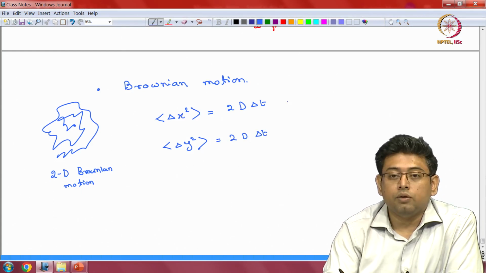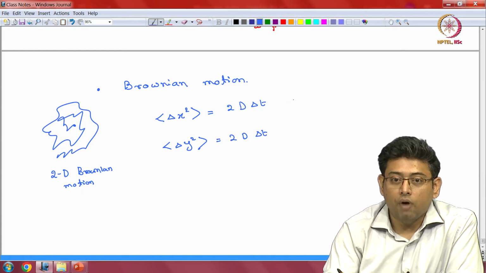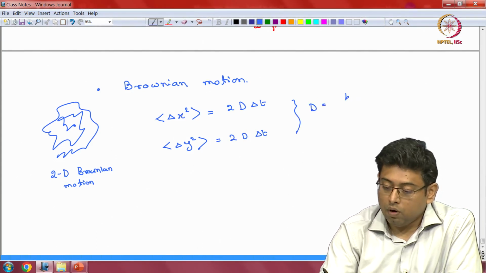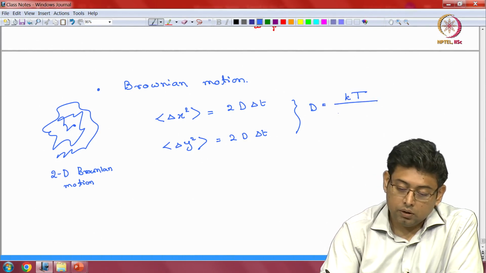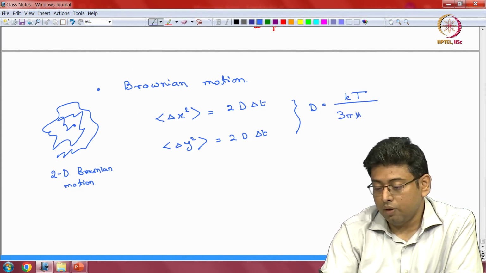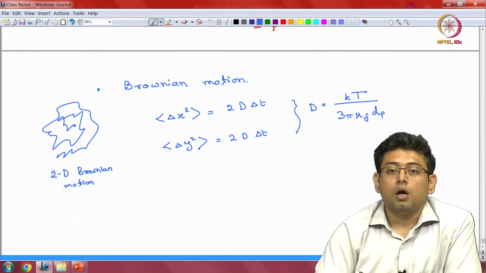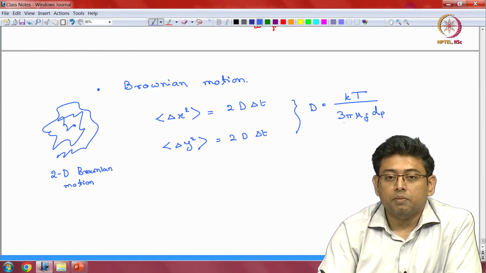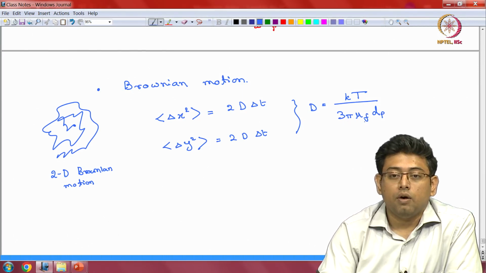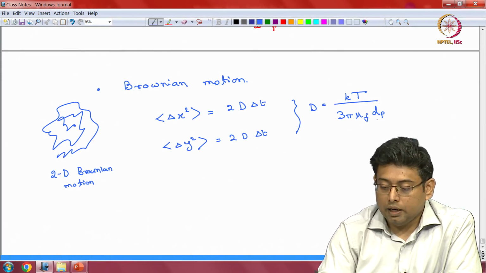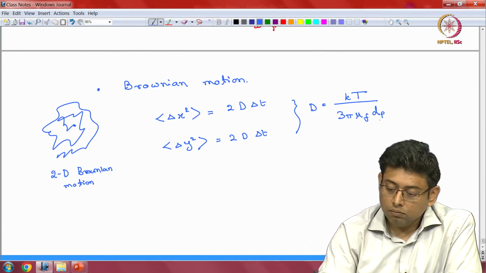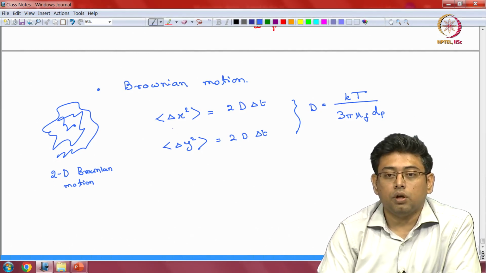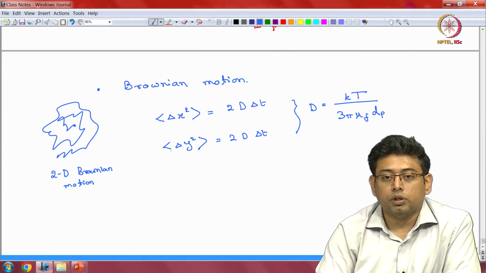Now, for spherical particles which are far away from any other particle, D is given by the famous equation kT by 3 pi mu f dp, where k is the Boltzmann constant, T is the absolute temperature, mu f is the viscosity of the surrounding fluid, and dp is the particle diameter. This equation governs the Brownian motion of the particle.